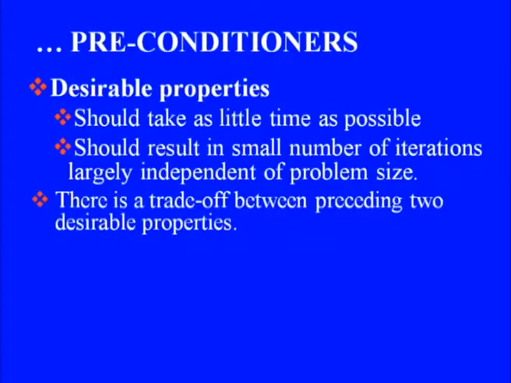Further, we would see in one or two numerical examples today that Multigrid used as a preconditioner results in a required number of iterations which is independent of the system size, whether the system size is thousands or millions or billions. So that is why we say there is a trade off between the preceding two desirable properties. If we choose a preconditioner which requires less time, the number of iterations would increase, and ultimately the overall computing time might suffer with such schemes.